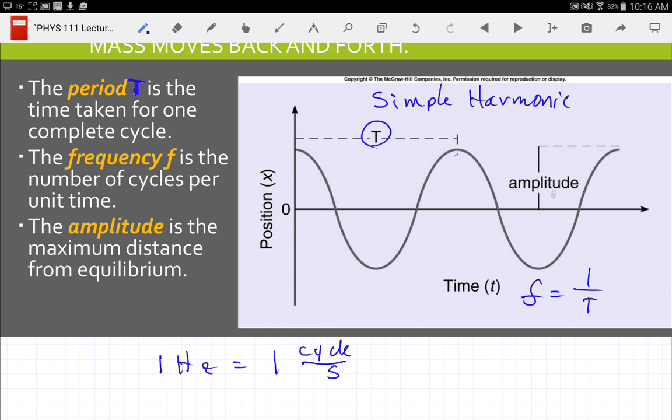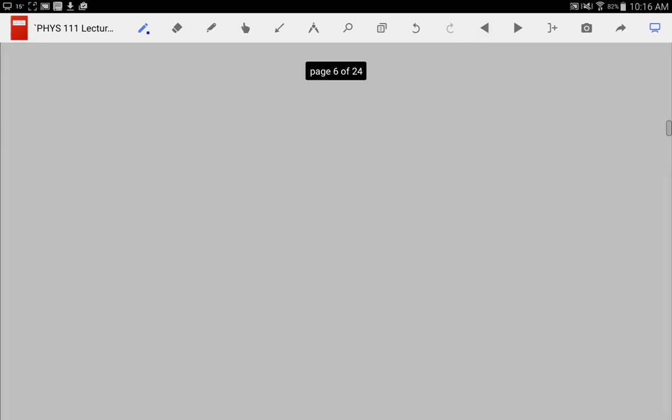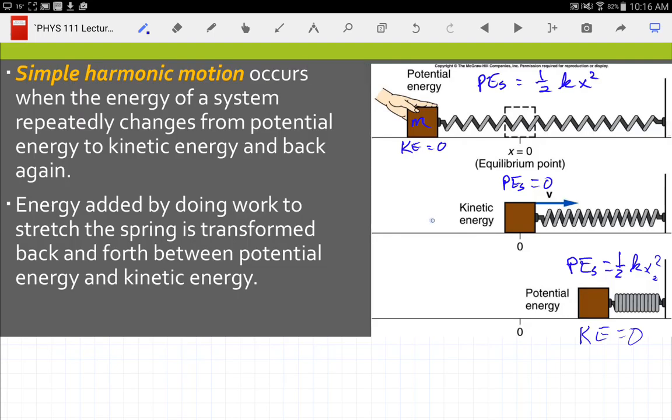The amplitude is the maximum amount that you move from equilibrium. So with my example here with the spring, the amplitude was this distance, the maximum amount that it moves away from equilibrium. And it's the same whether you're compressing or stretching.